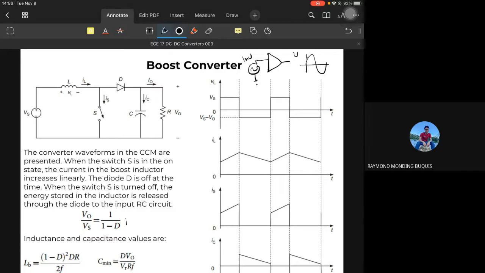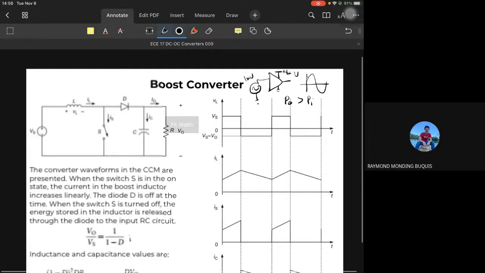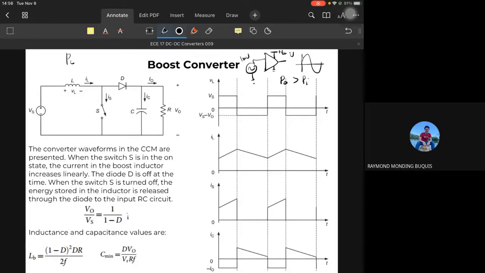It's possible nga ang power sa output signal is mas greater sa power sa input because ang amplifier is manginahanglan og help sa external nga DC source. So possible gyud kaayo nga ang output sa amplifier is greater than input. But for the DC to DC converter, ideal condition, output equals input. Realistically, power output is still less than input.